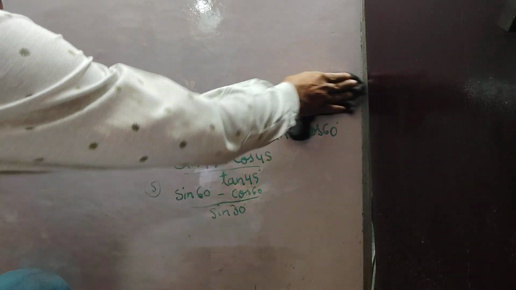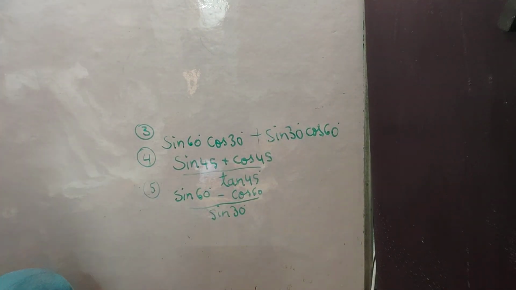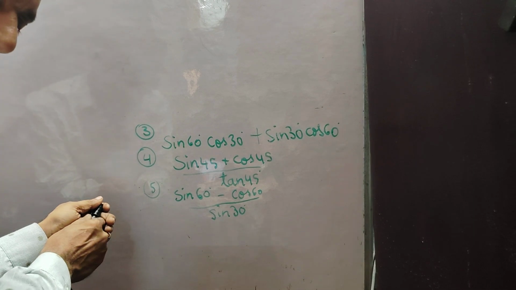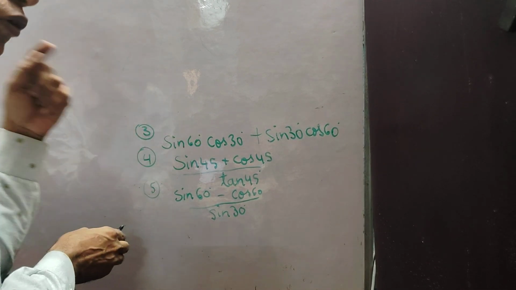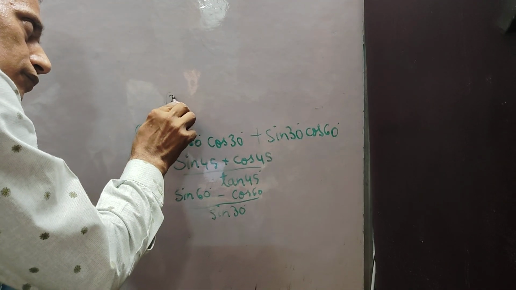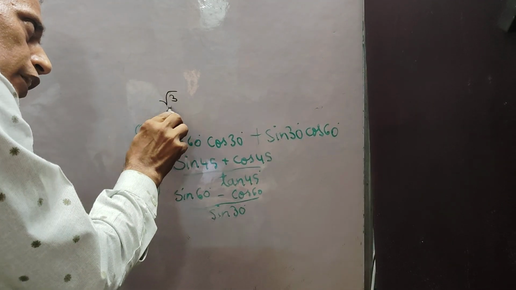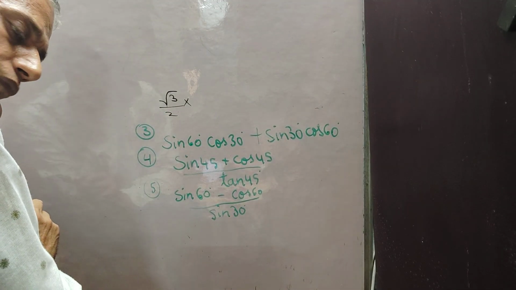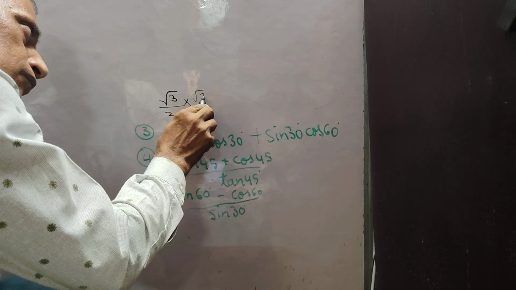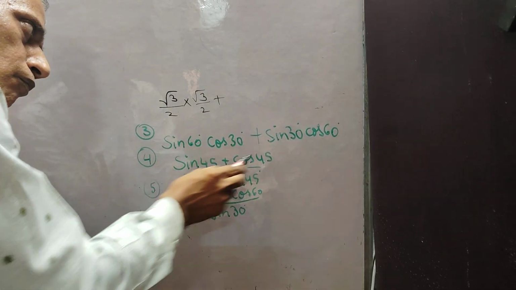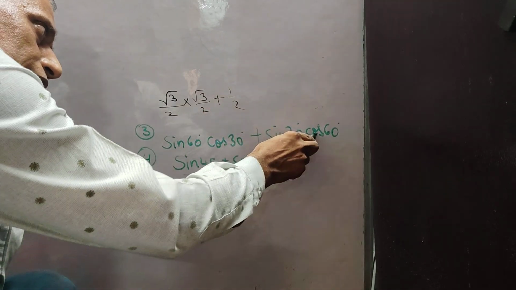Come to question number 3. Sin 60 cos 30 plus sin 30 cos 60. What is sin 60? Square root 3 over 2. And cos 30 is square root 3 over 2. What is sin 30? Half. And cos 60?